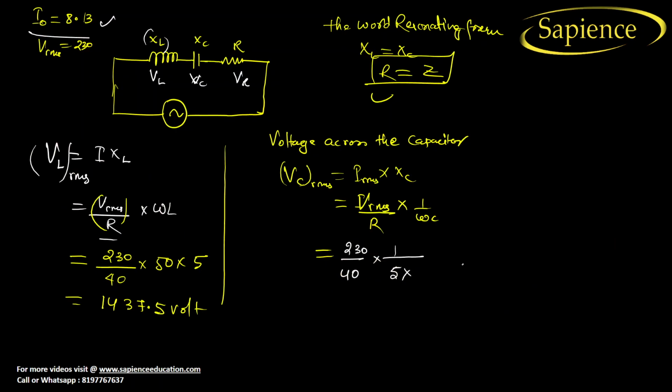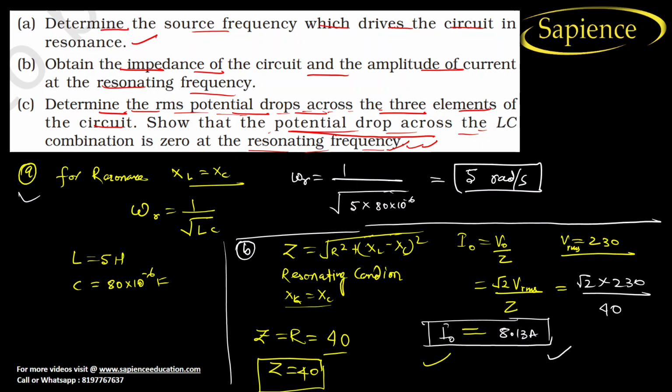I thought omega would be 50, so let me check. Omega is 50 radian per second. Just check it and correct it so that you can understand.